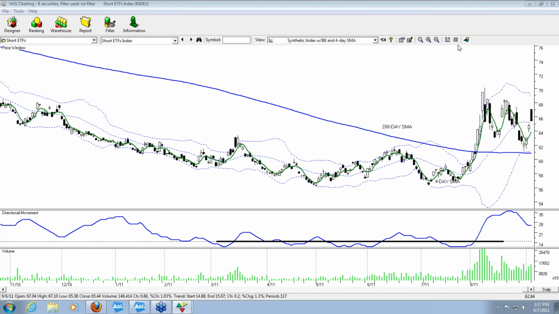Okay, very simple. You go up here, annotation, and click on extended line, and I just made it dark, and you just draw it in, and there you go, and that's how you do it.